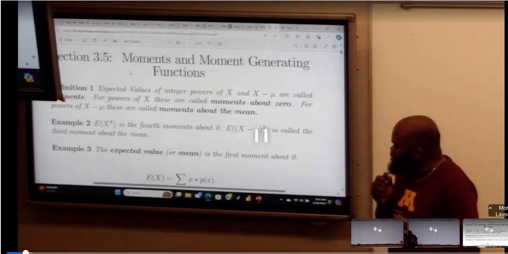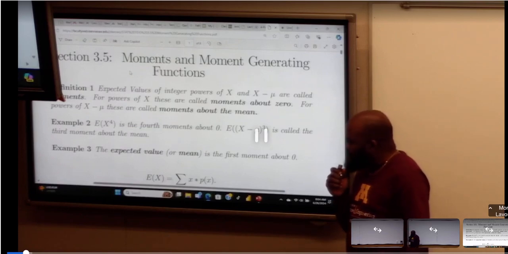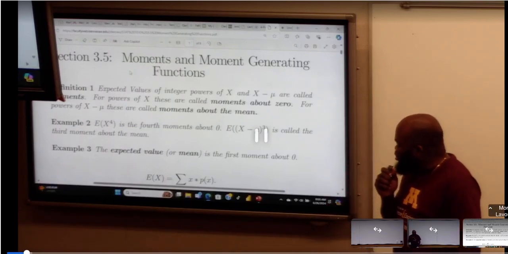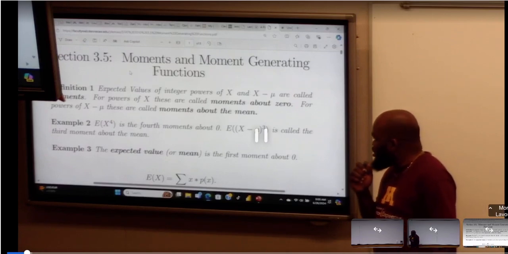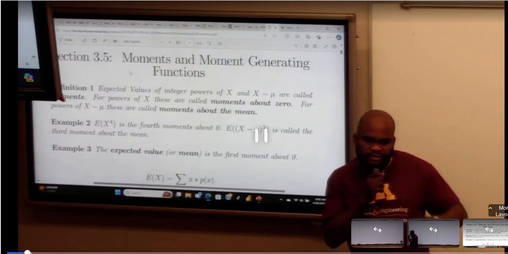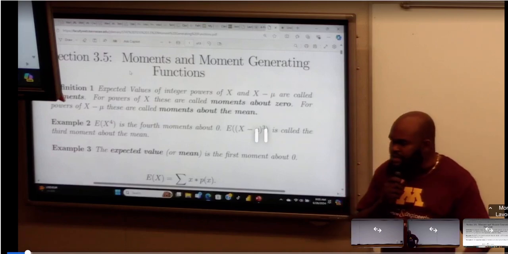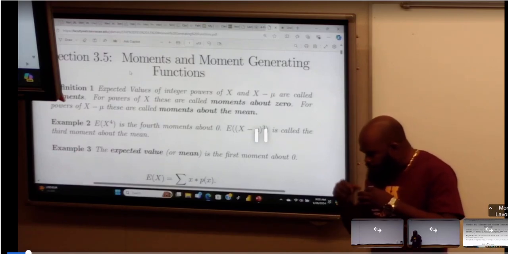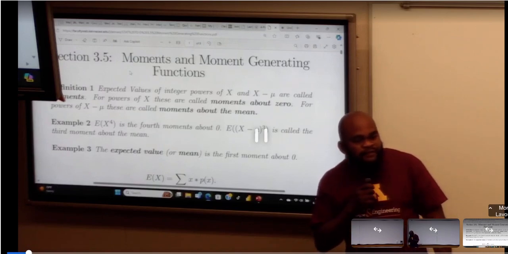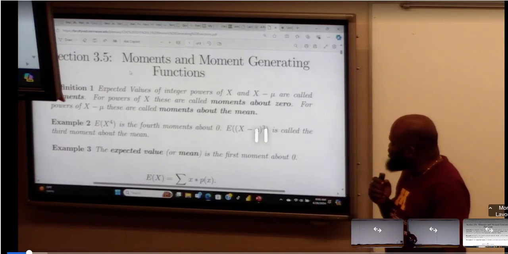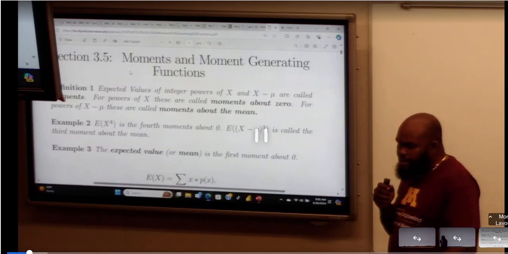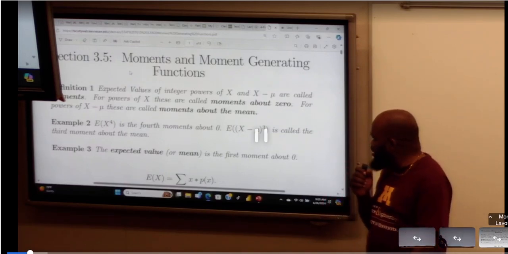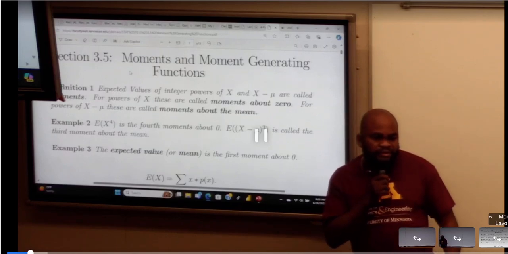We need probability distributions if we really want to understand events in a stochastic environment. I've walked you through discrete probability distributions like Bernoulli, binomial, geometric, negative binomial, and so on.